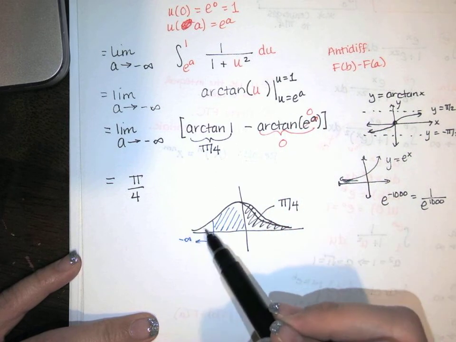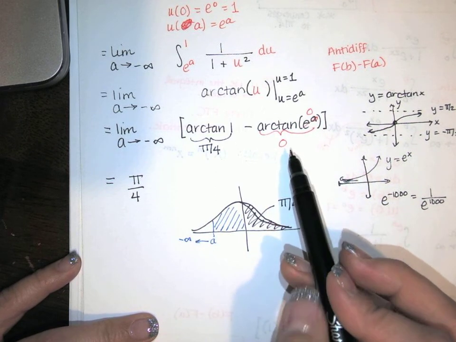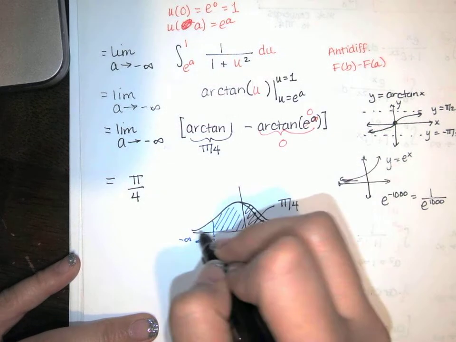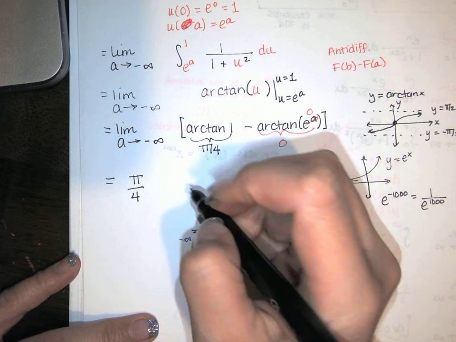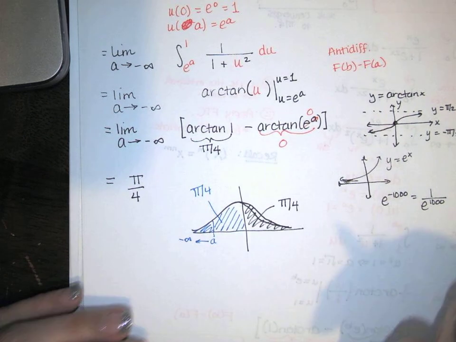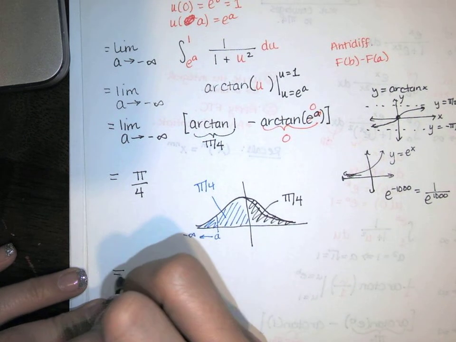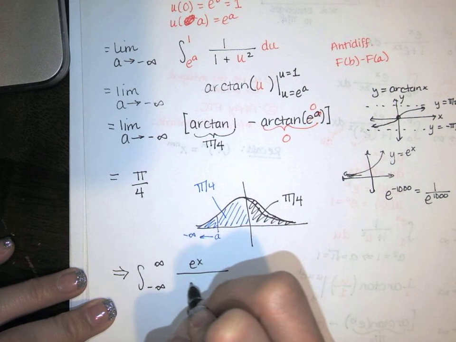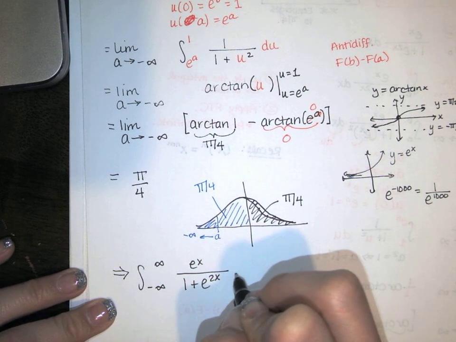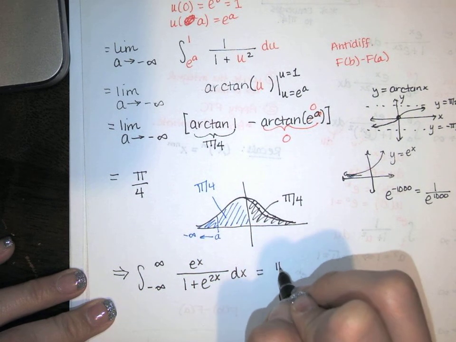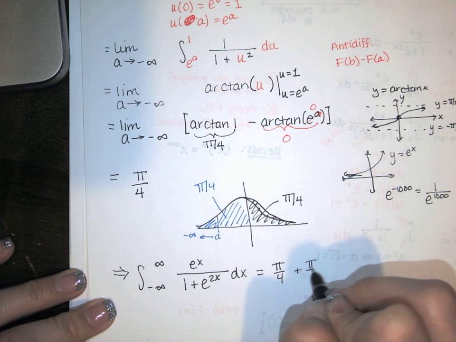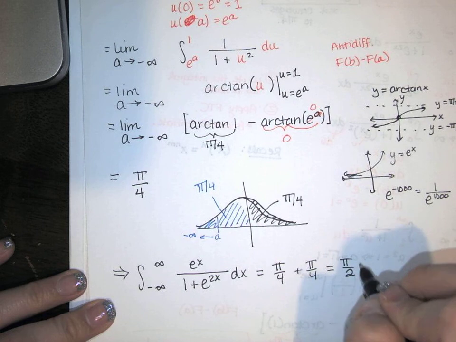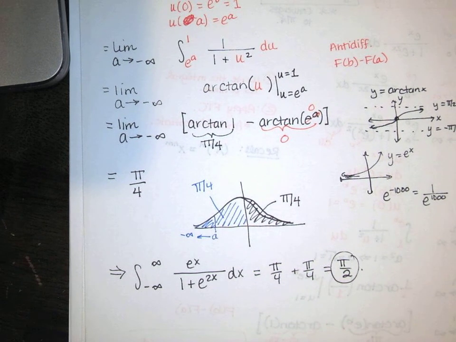We're subtracting this piece, and it's getting very close to 0. So close we're going to call it 0 in the limit. And then this area here, when we take all of it, is pi over 4. So the original integral, the integral that we started with, is the pi over 4 plus the pi over 4. So that's pi over 2. It's half a pi right there. Pretty cool, huh?